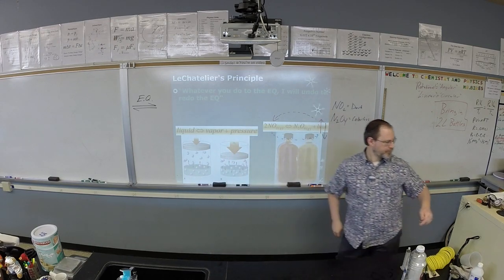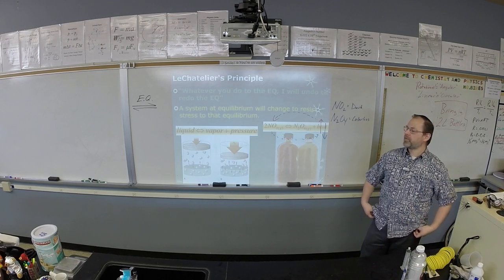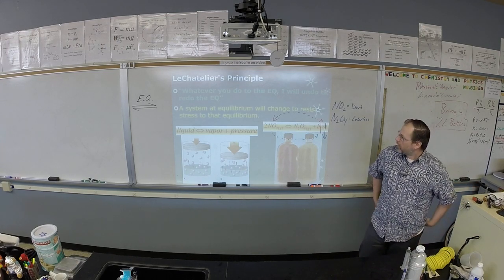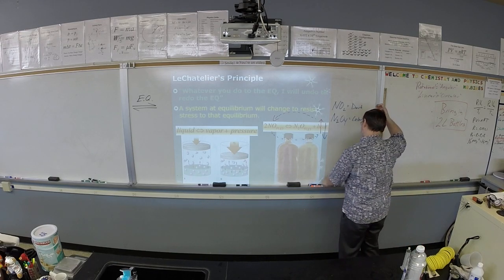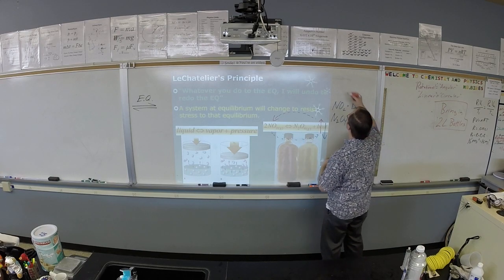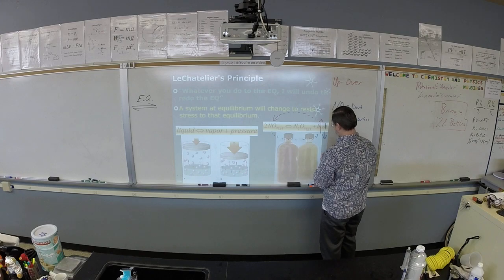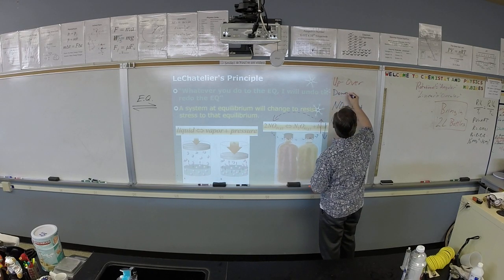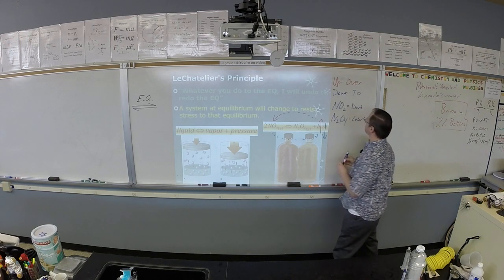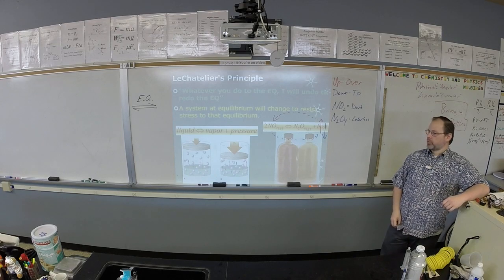All right, cool. Next, we're almost done. Here's the abbreviated book definition. A system at equilibrium will change to resist stress at equilibrium. Up and over, down and 2.